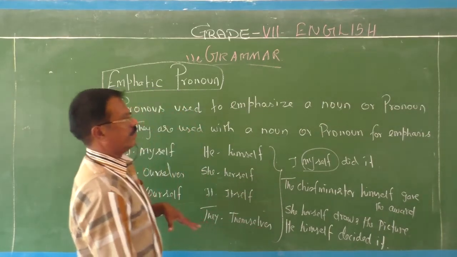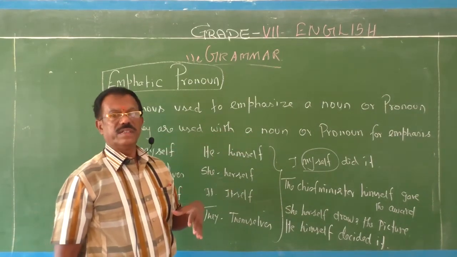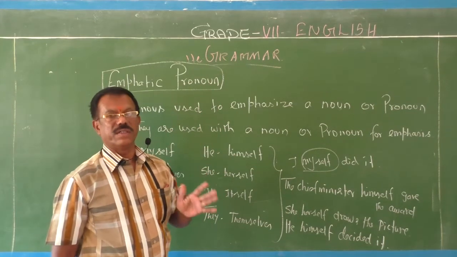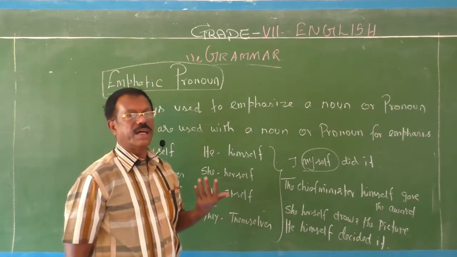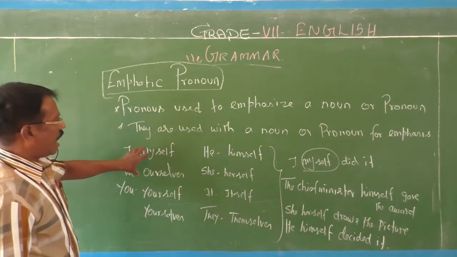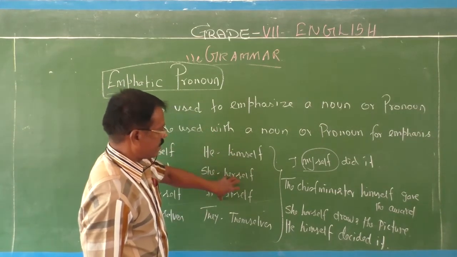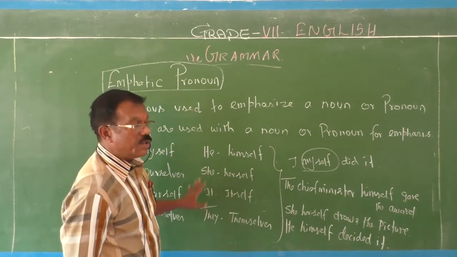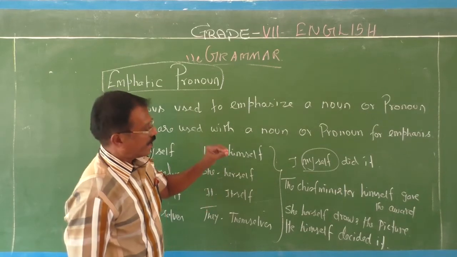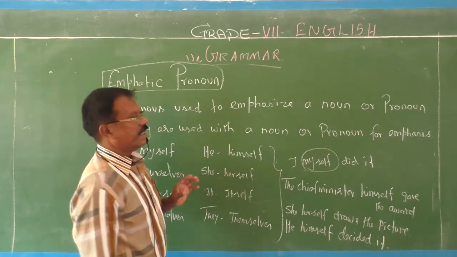It ate itself. They themselves painted the wall. You can give many examples. In all these examples, you can find myself, ourselves, yourself, yourselves, himself, herself, itself, and themselves. They are used to emphasize the action done by the subject alone. Therefore, they are called emphatic pronouns.